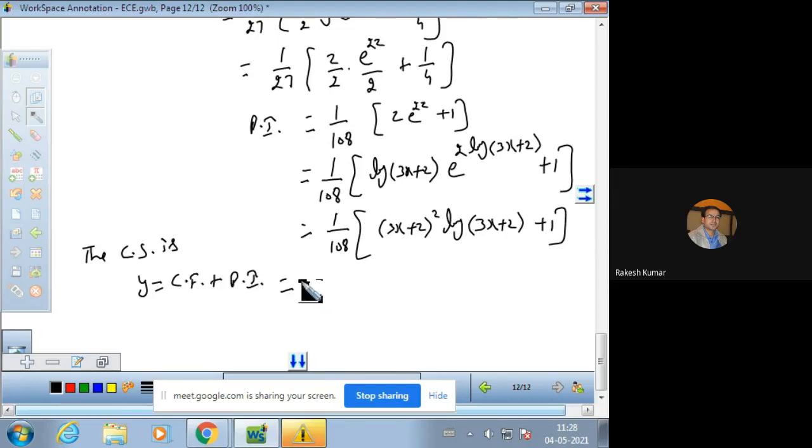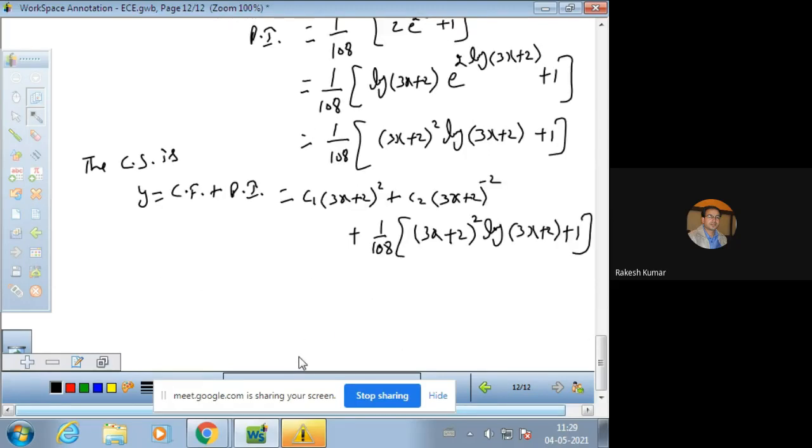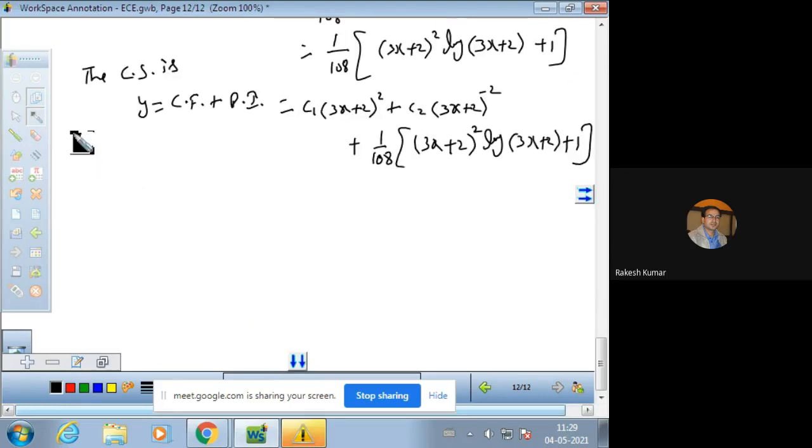And your complementary function was C1 (3x plus 2) whole square plus C2 (3x plus 2) raised to power minus 2, plus your particular integral is 1 over 108, and that is (3x plus 2) whole square, log of (3x plus 2) plus 1. This is your complete solution of the given differential equation. The differential equation was Legendre's linear differential equation.